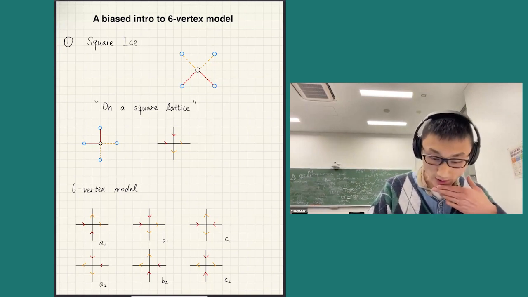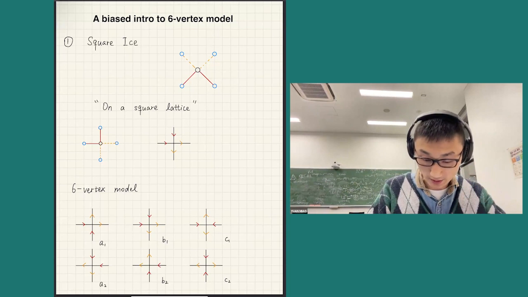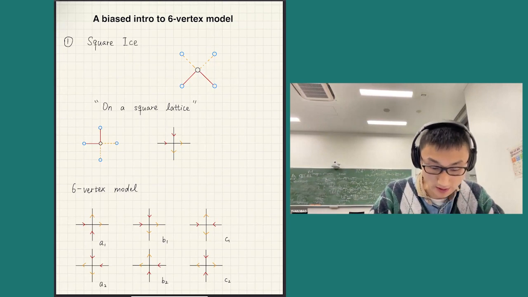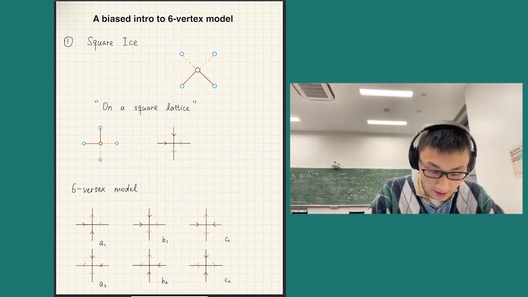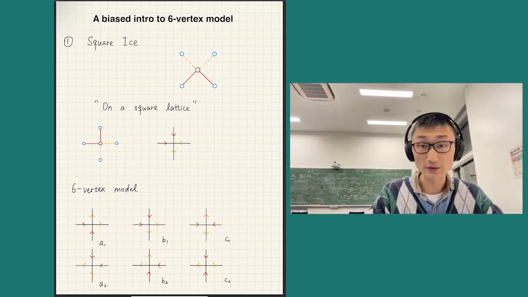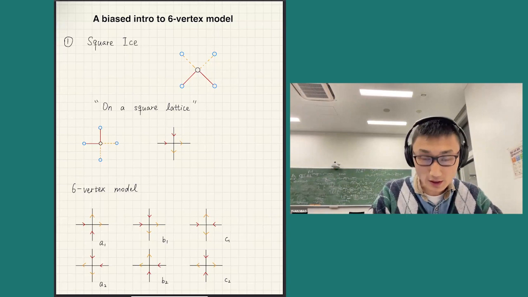So we start by defining the six-vertex model. It comes from a very old study on ice. In the 1930s, Pauling studied the entropy of ice in 3D.